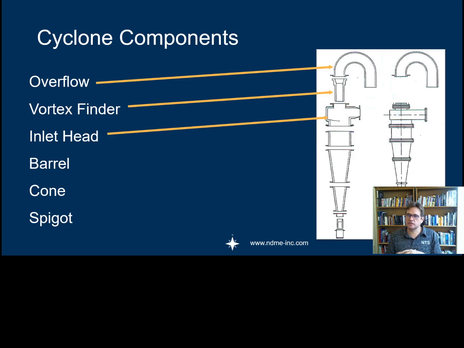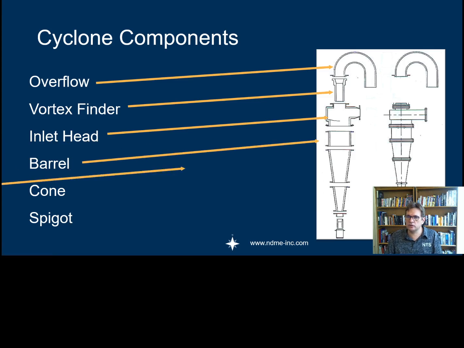In the early days of cyclone development, a lot of the competition between the various cyclone suppliers was how they did the inlet design. But they've mostly all come more or less to a similar type of inlet head design, so that doesn't really make much of a difference between the various cyclone suppliers.